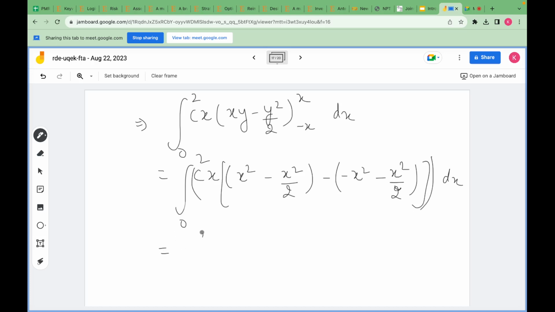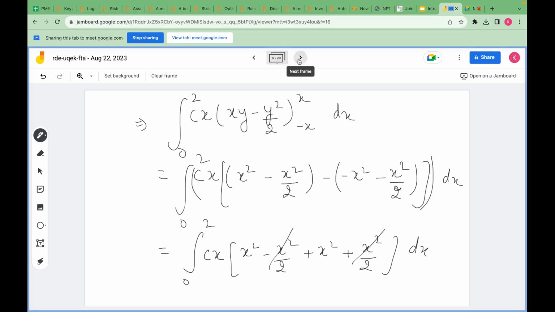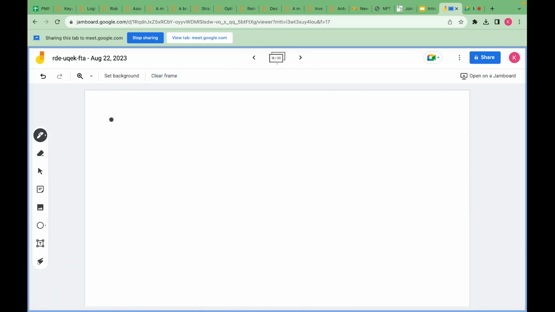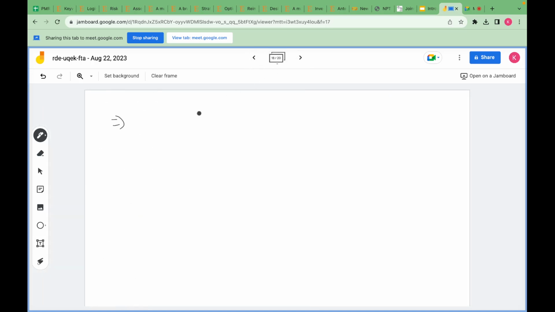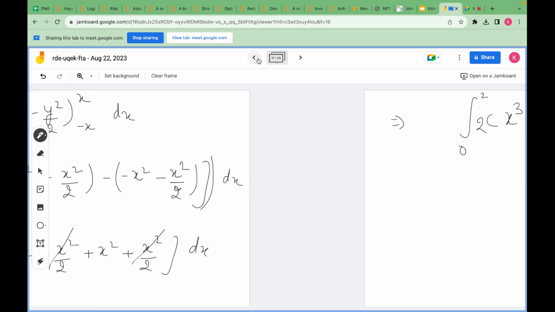So this is integral from 0 to 2 of cx times (x square minus x square by 2 plus x square by 2) dx. So these will be cancelled out. So this is integral from 0 to 2 of 2cx cube, right?